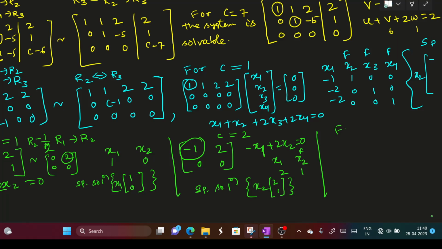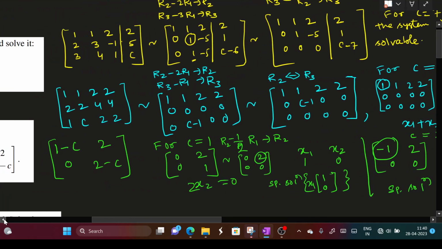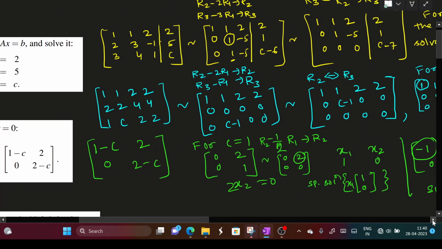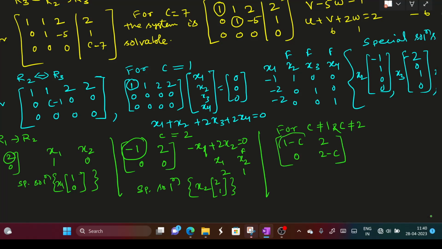Next, for c not equal to 1 and c not equal to 2, in that case what will happen? 1 minus c, 2, 0, 2 minus c. In this case, it is in echelon form and there are two pivots.